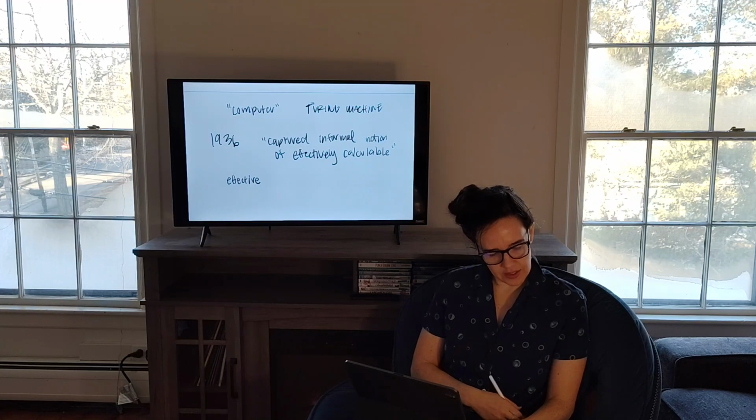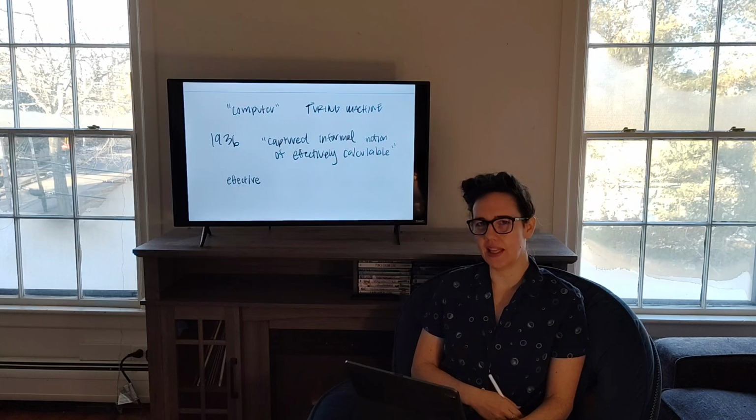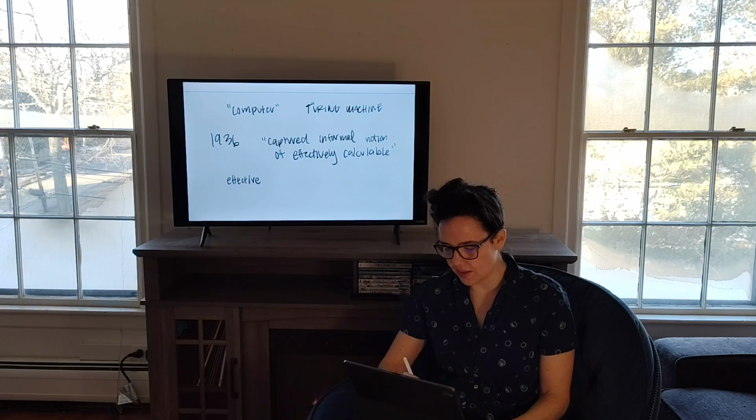In fact, though not formally acknowledged as such. So I would say that effective calculability means that it's successful in producing a desired or intended result.